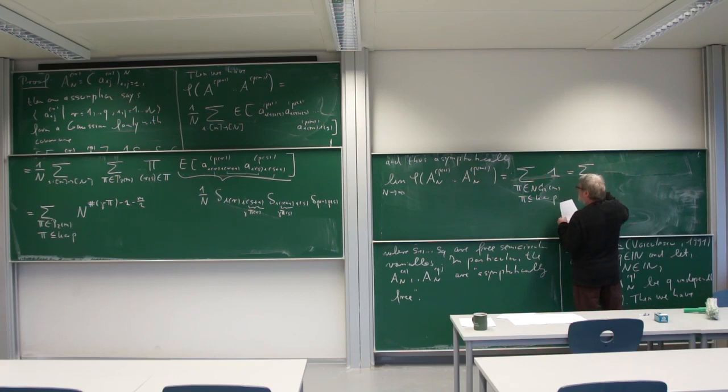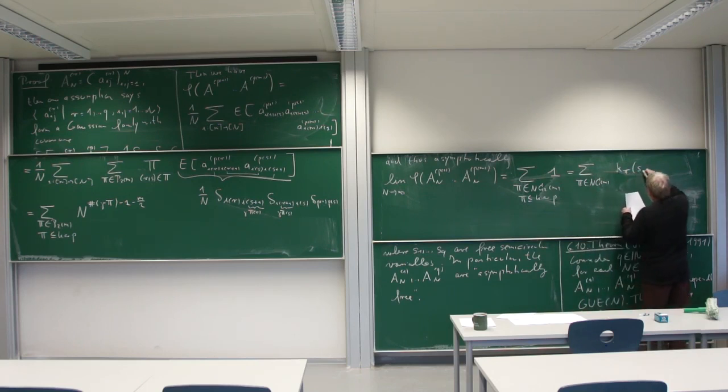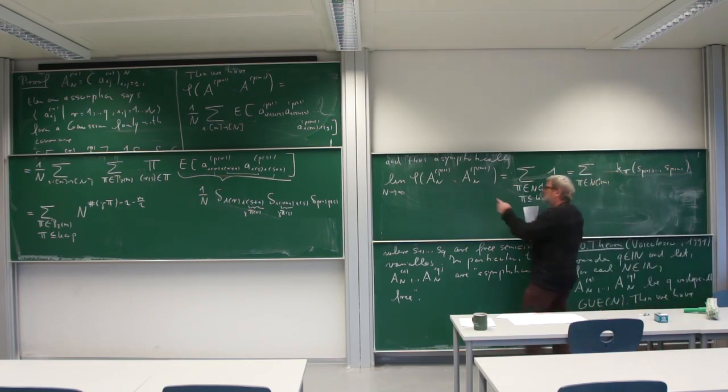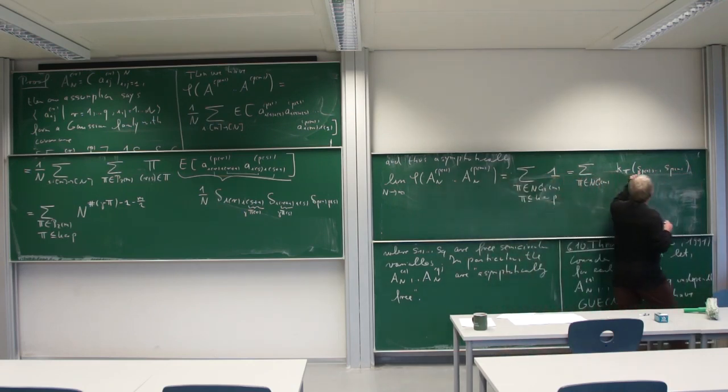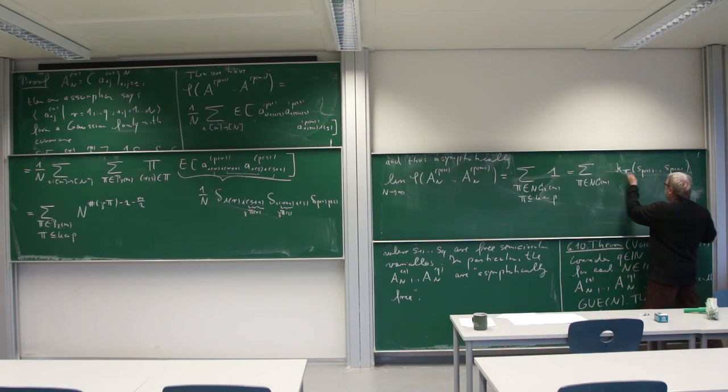So you can say this is the same as summing over pi in non-crossing partitions, and I take kappa pi of my semicirculars, the first up to the last. So I'm replacing my Gaussian random variables by the corresponding semicircular element, and I'm saying what I have here is the same as doing this here. So taking the cumulant of those guys.